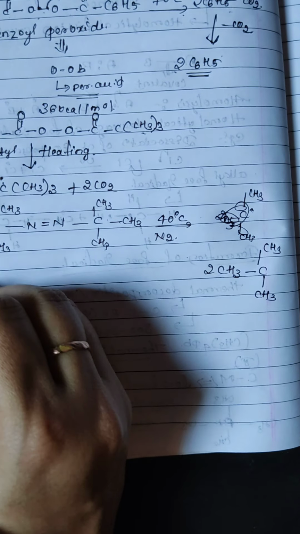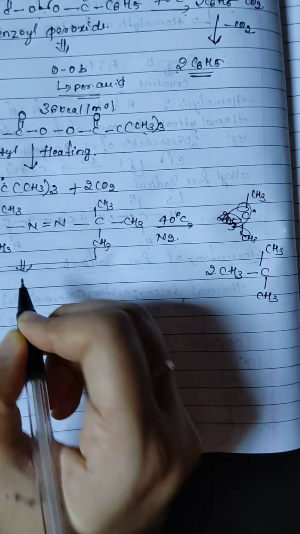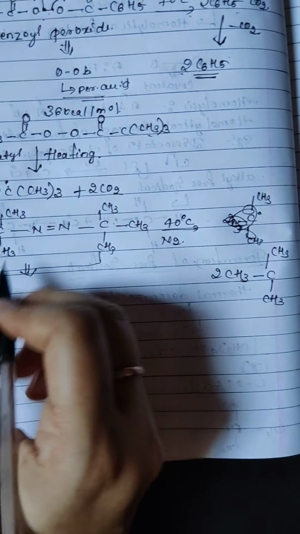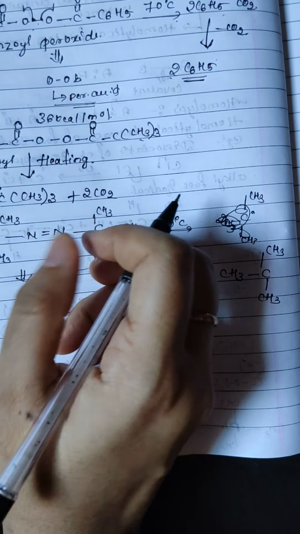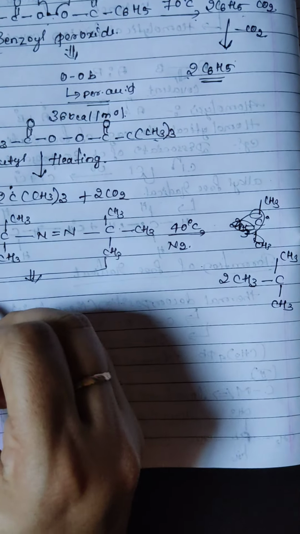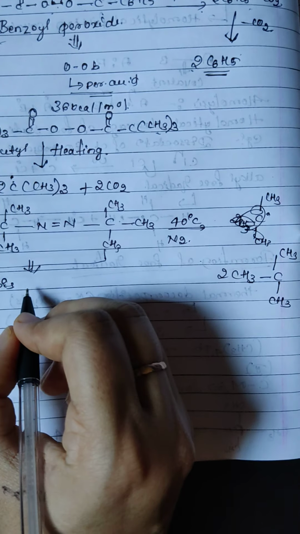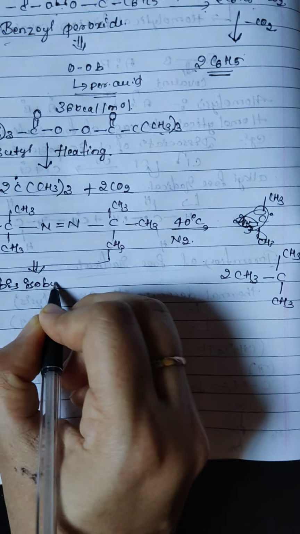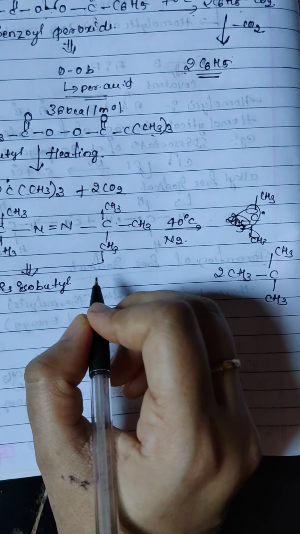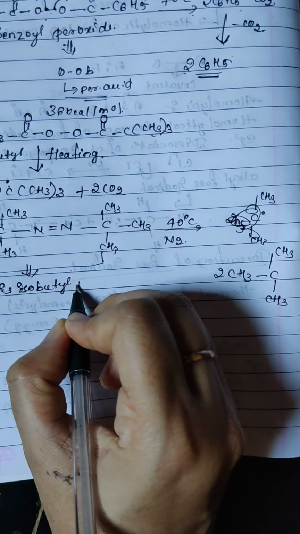What is the name of that compound? The name of that compound is azo. Azo means N double bond N given. Azo bis isobutyl nitrile.